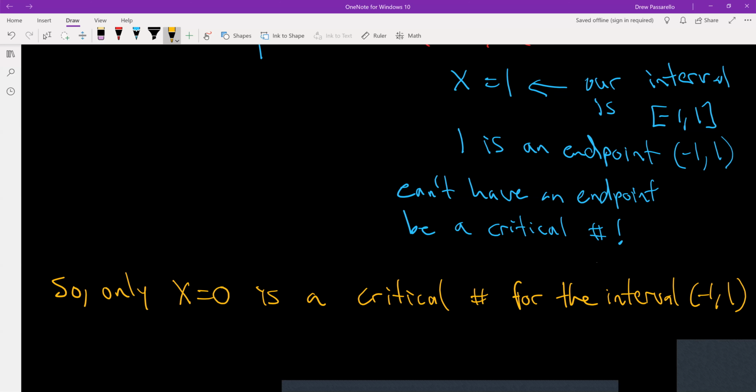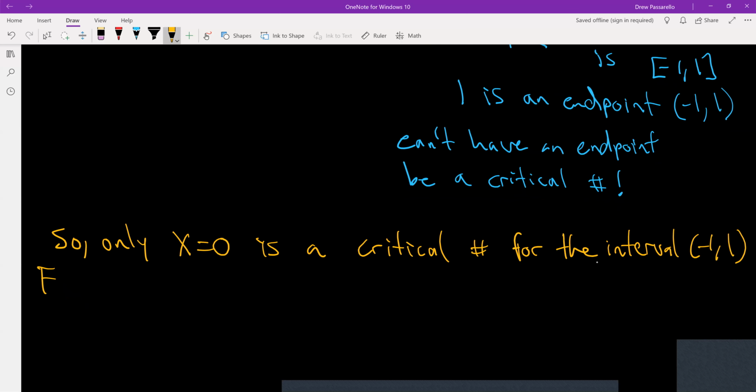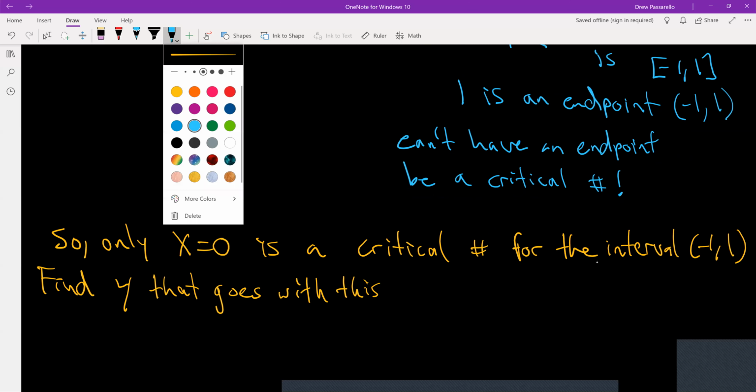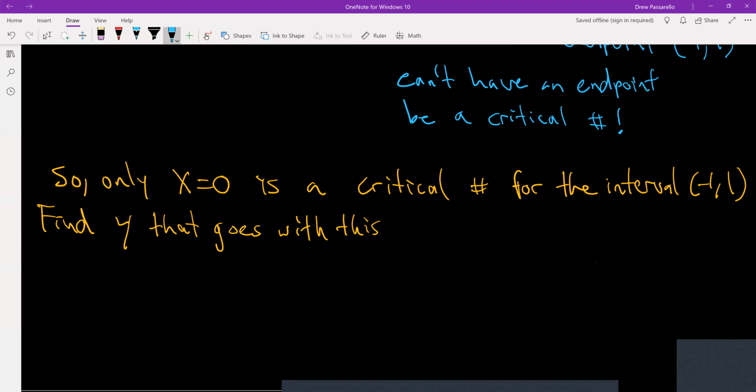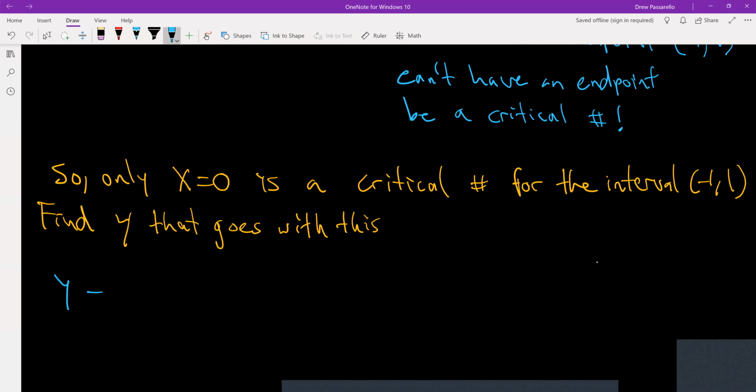Okay, so I need to find the y coordinate that goes with this critical number. So I'll write the original function. Original function was y equals 3 times x to the 2/3 minus 2x. All right, so plug in 0.